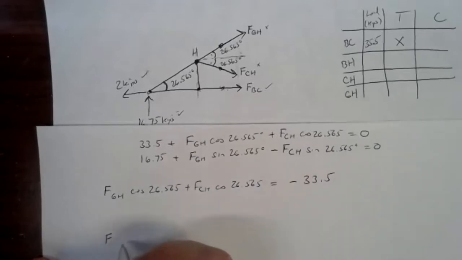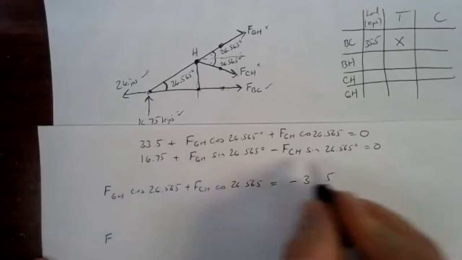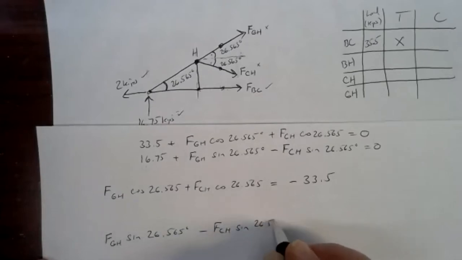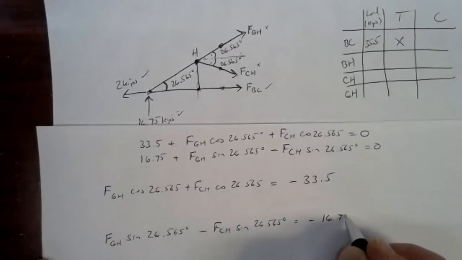And then in the other equation, if I subtract 16.75 from both sides, I'll have FGH sine 26.565 degrees minus FCH sine of 26.565 degrees equals negative 16.75.